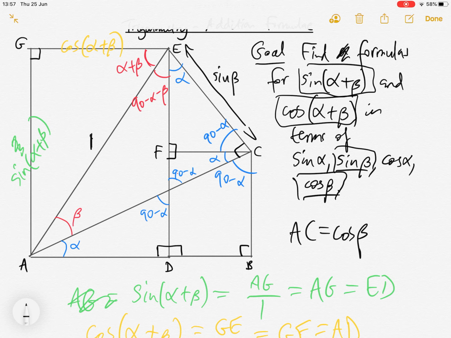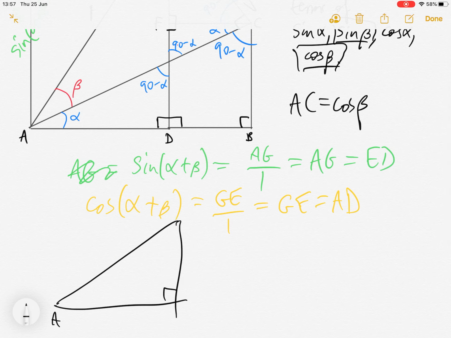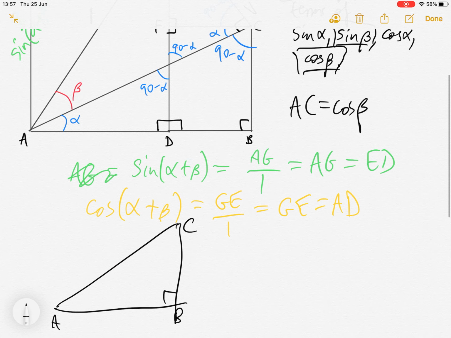And let's redraw the triangle ACB. So here's A, here's B, here's C. This was cos beta, this angle is alpha. So it's a right-angled triangle, the hypotenuse is cos beta.